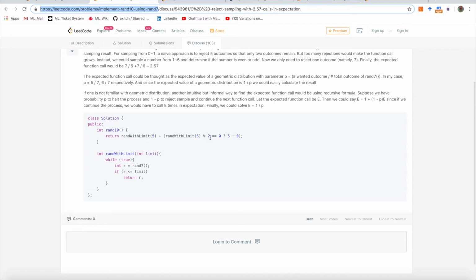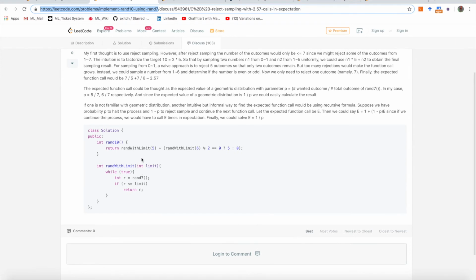Rand with limit 6, modulo 2, if it's a 0, so if it's an even number, we shift all the values up by 5. And if it's an odd number, we don't shift them. That means we return something in the range from 1 to 5, plus either, if it's even, plus 5, if it's odd, plus 0. And therefore we get a sampling of 10, only given our range 1 through 7.